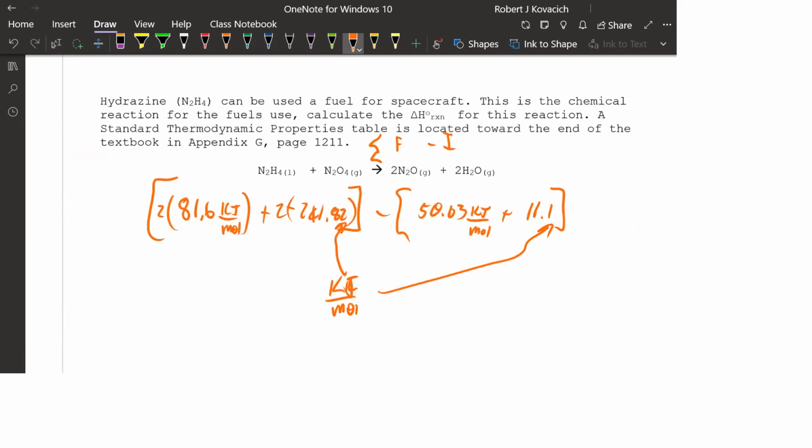All right, so now let me do the math on this. So it's 2 times 81.6 plus 2 times negative 241.82, in parentheses.